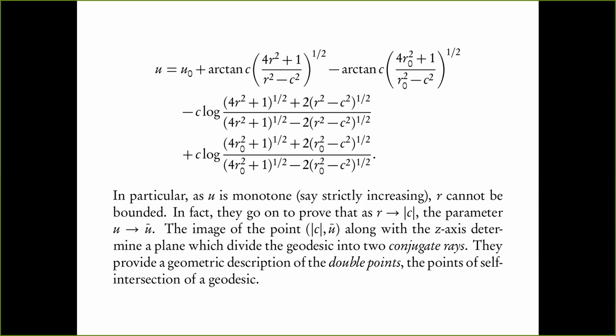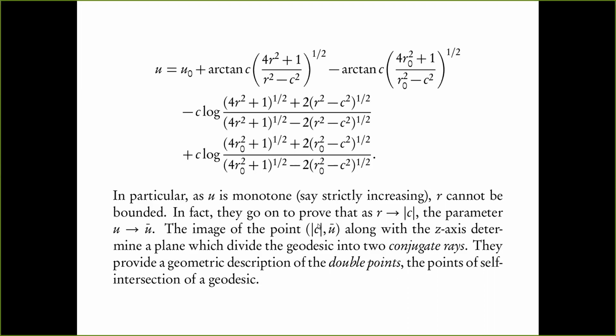Okay? So that's also justifying our assumption that R of t goes to plus infinity on both ends of t, because even for our geodesic, there's going to be a plane through which if you cut the geodesic, the plane is going to contain the z-axis and contain some other point.